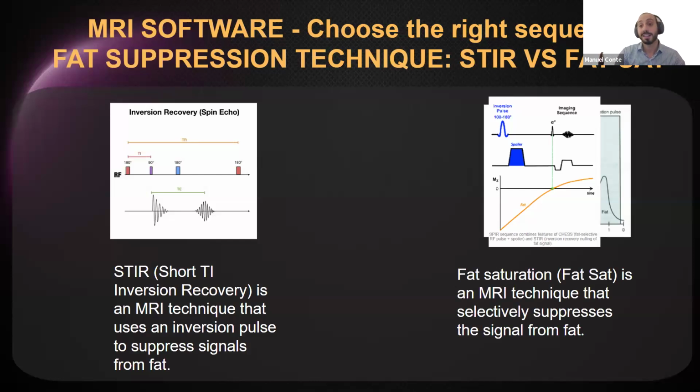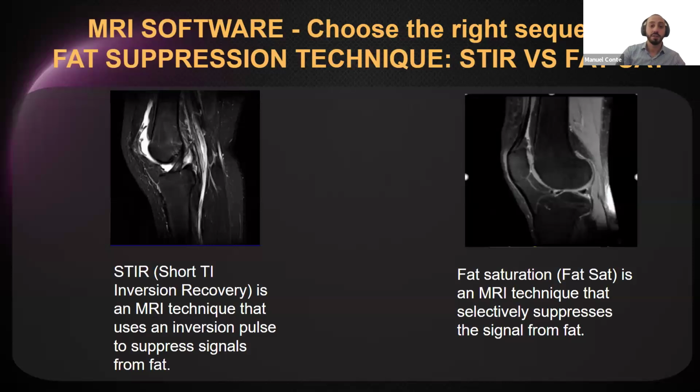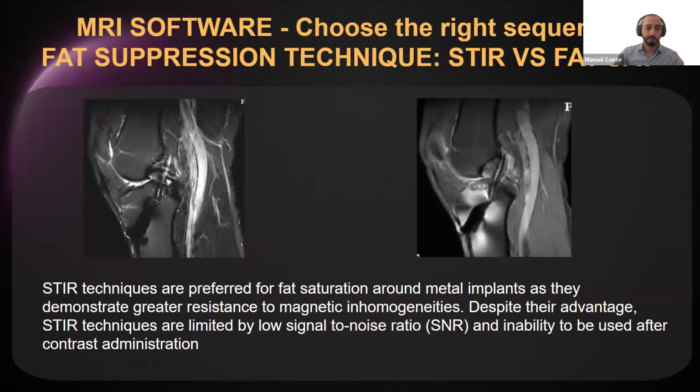On the other hand, the FATSAT is quite sensitive to the inhomogeneities of the magnetic field. And here we go. We have on the left image a STIR sequence, and on the right there is the FATSAT. As you can see, the artifact in the FATSAT is much more pronounced than the STIR.